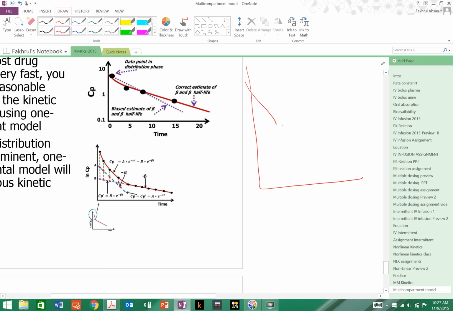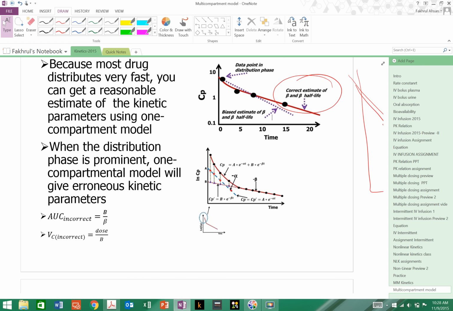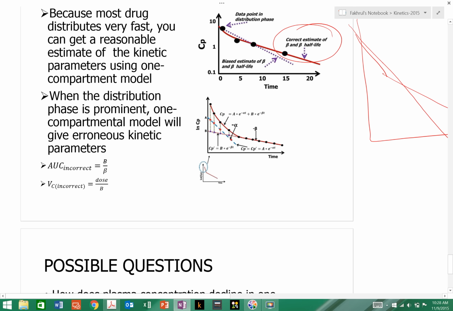This will be the wrong volume of distribution or incorrect beta. If we have an incorrect beta, that means everything will be incorrect. I will show you in the class how the use of this is going to be incorrect.